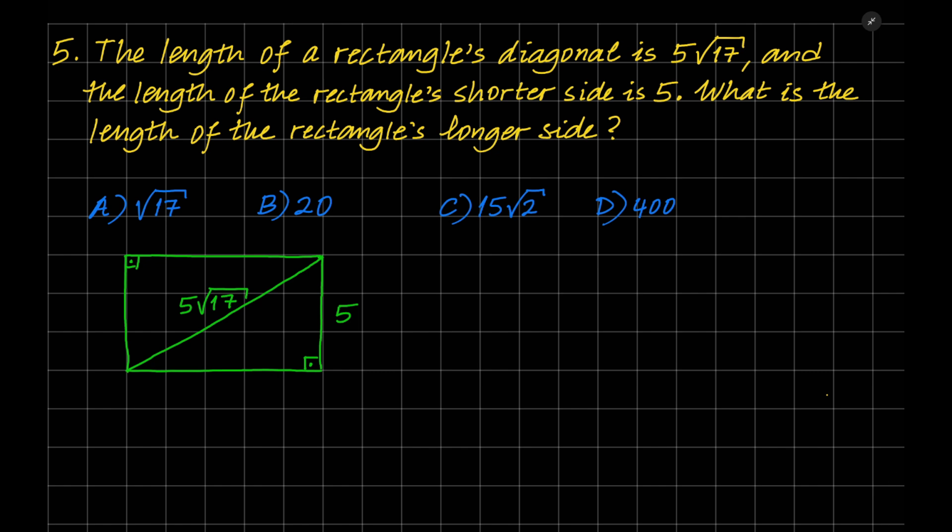What is the length of the rectangle's longer side? This is x. What's the length of x? A rectangle's diagonal divides a rectangle into two congruent right triangles, as you can see in the figure, where the diagonal is the hypotenuse of both triangles.